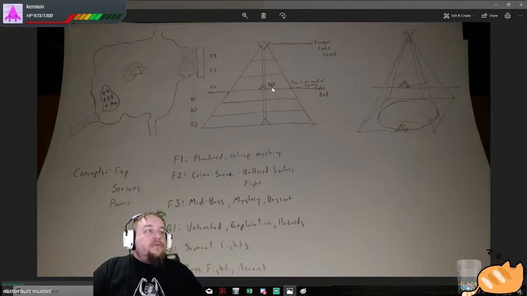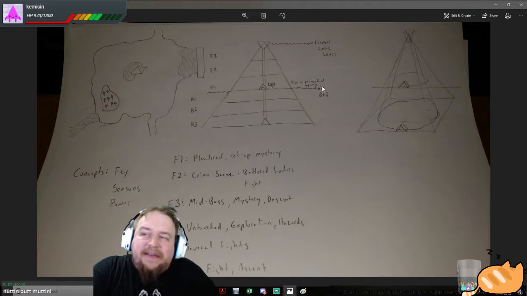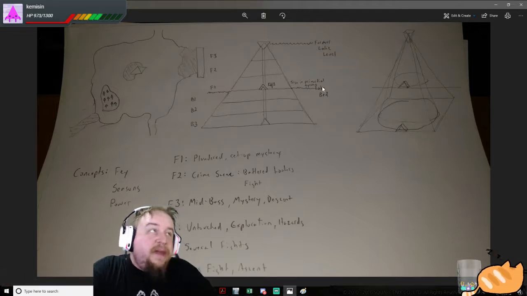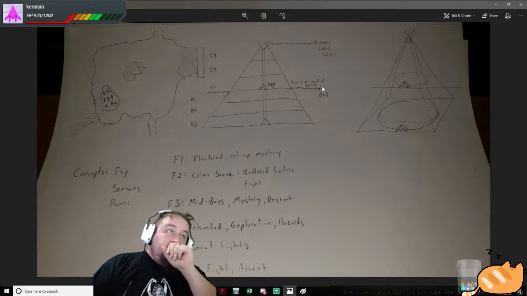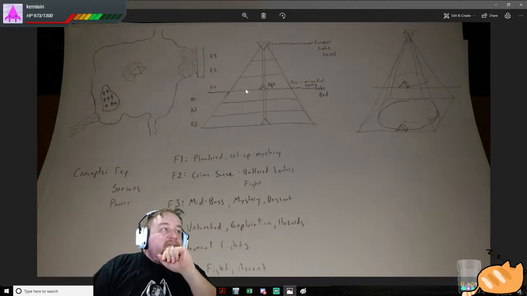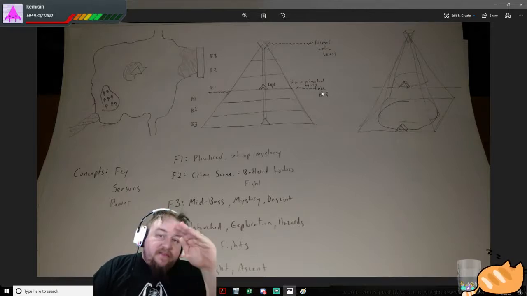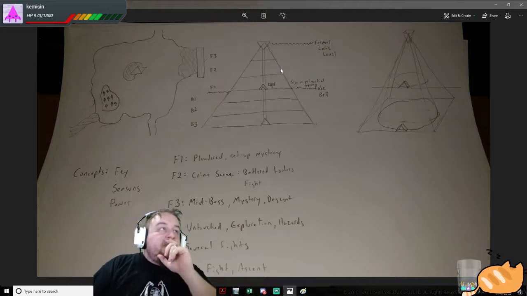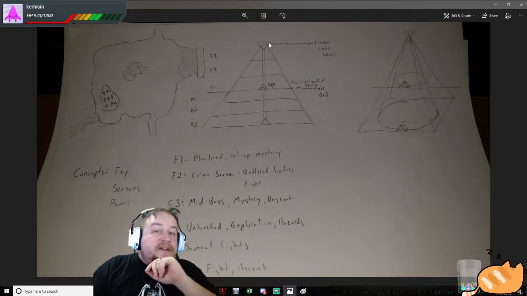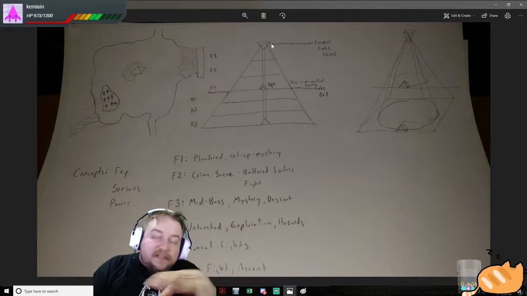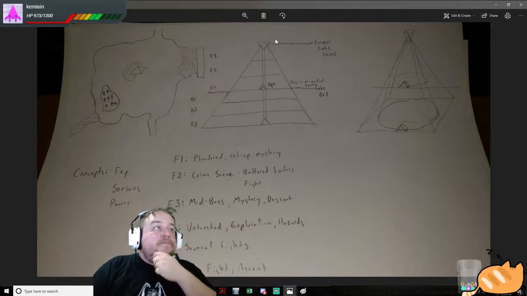And I drew the pyramid, and I said, well, if we have a little lake, how deep is the lake, and therefore how high should the pyramid be? Well, if the entrance is sitting on the lake bed, if the water drained out, the former lake level would have been at or very near the top to show that at one point, there's a little island or something in the middle of this lake.